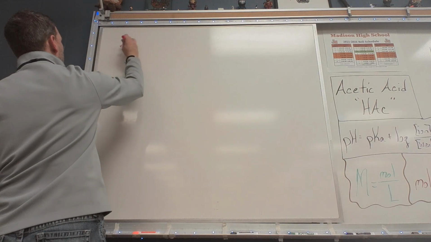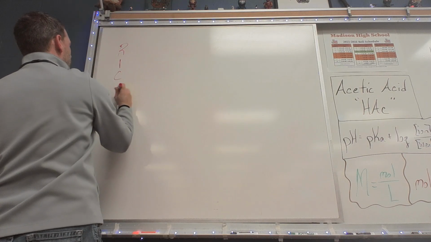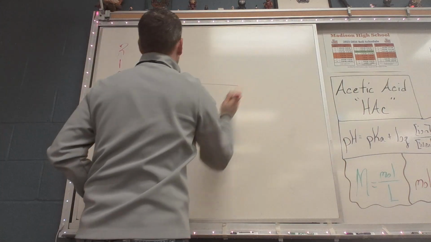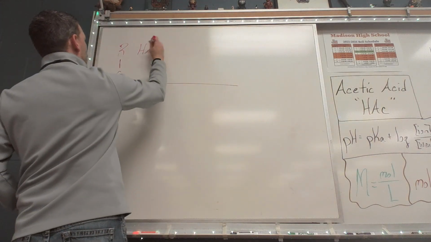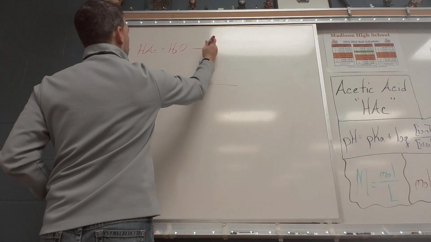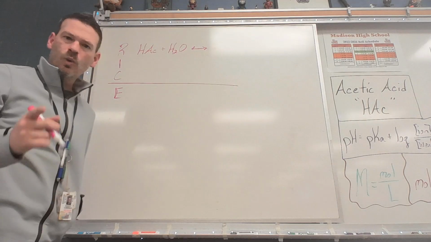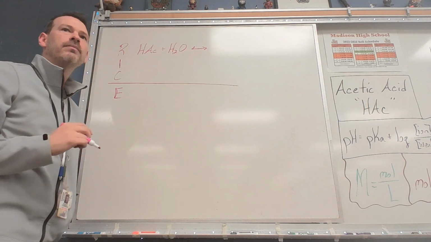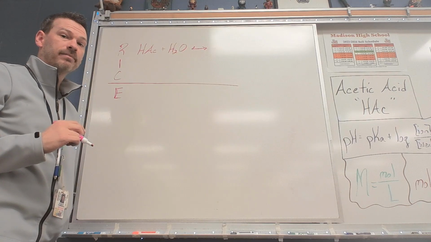So what do you do? You add acetic acid to a rice table with water, equilibrium arrow, weak.